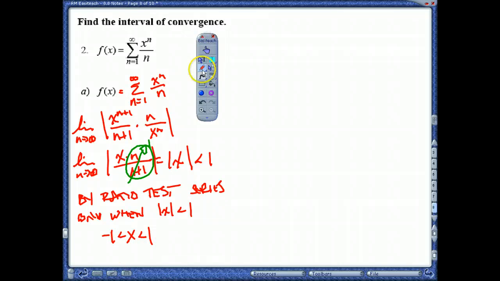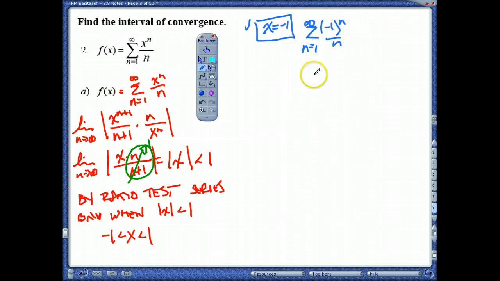I'm going to make sure that I show that I am testing those endpoints. So I'm going to test x equals -1. I'm going to put it up there. I'm checking x equals -1. So when I put that in there, I'm going to put -1 in here for the x. I get -1 to the n over n. I need to test to see if this series is going to be convergent or divergent.